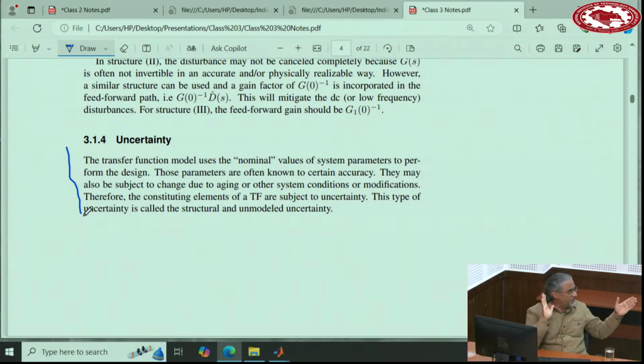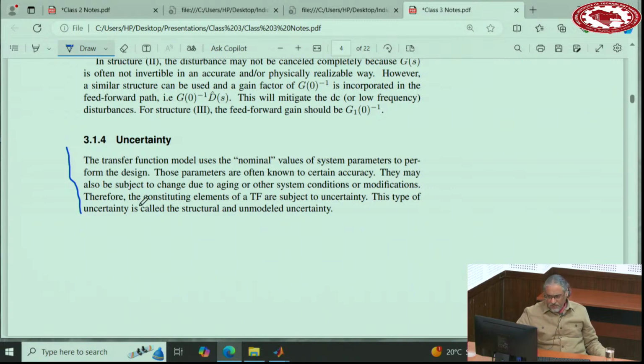For instance, the variable nature of the PWM delay. We did not consider that. So that's uncertainty, but it's unmodeled uncertainty. Yeah, but the resistor of the inductor, we model it, but we don't know exactly how much it is. That is a modeled uncertainty or parametric uncertainty.